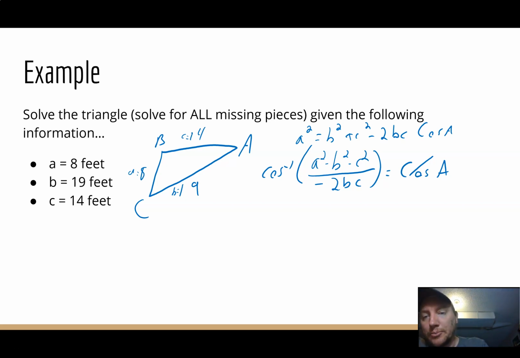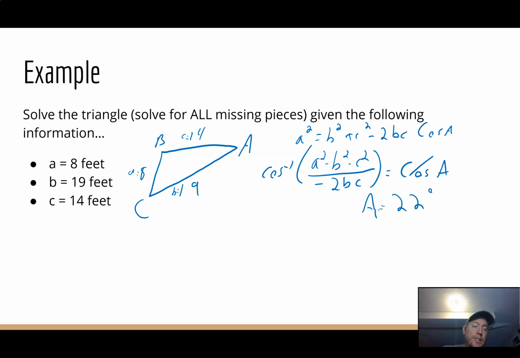So a squared is going to be 8 squared minus 19 squared minus 14 squared, divided by, and then parentheses, negative 2 times 19 times 14. And all one step on my calculator, just one line going on there. Hit enter, and I've got angle A is 22.07. I'm just going to say 22 degrees.